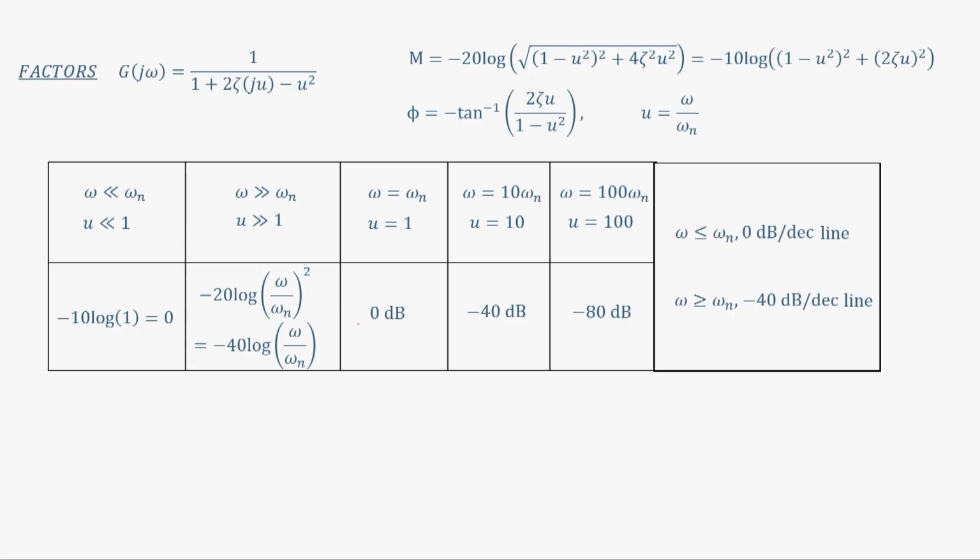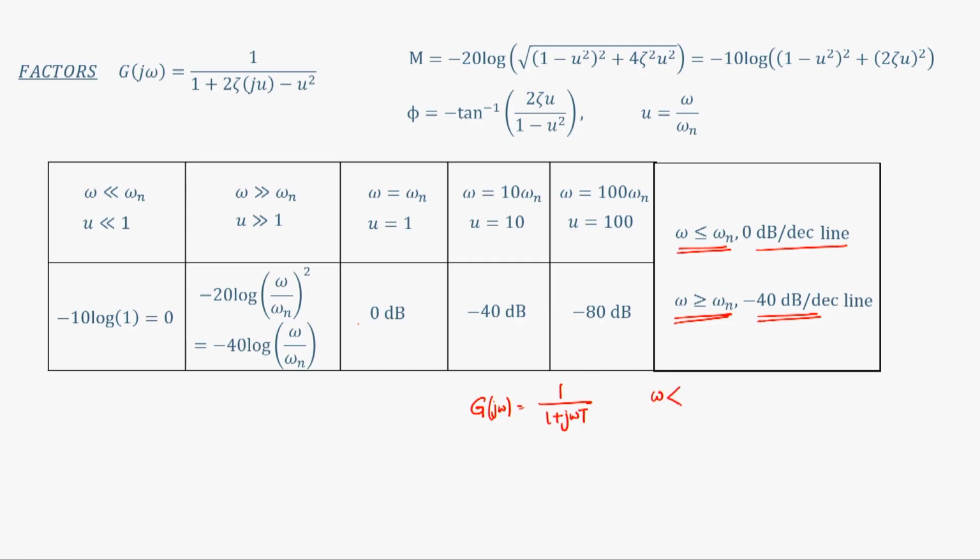So, you can see that for omega less than or equal to omega n, we have a 0 dB per decade line, whereas for omega greater than or equal to omega n, we have a minus 40 dB per decade line. Just think about it for a second. When we had 1 by 1 plus j omega t, what was our magnitude plot like?